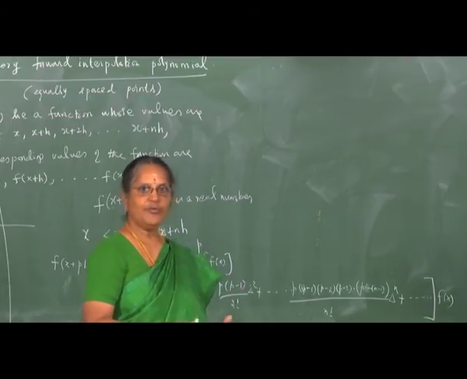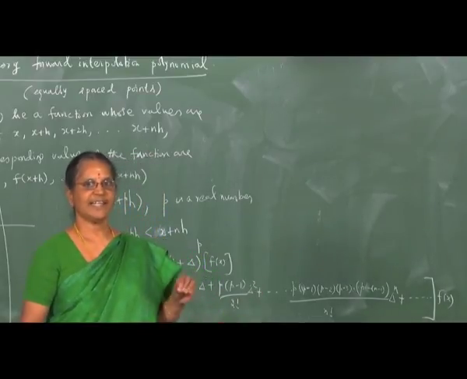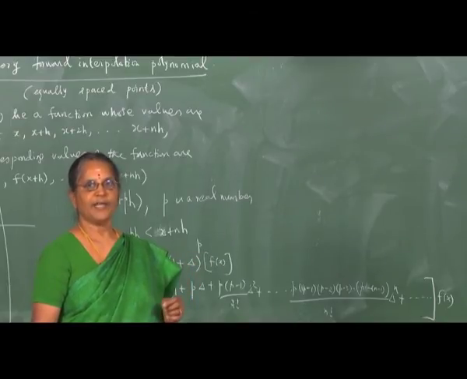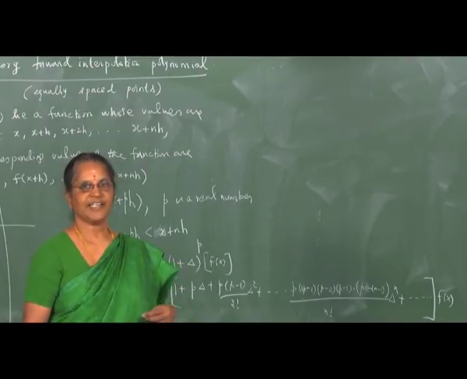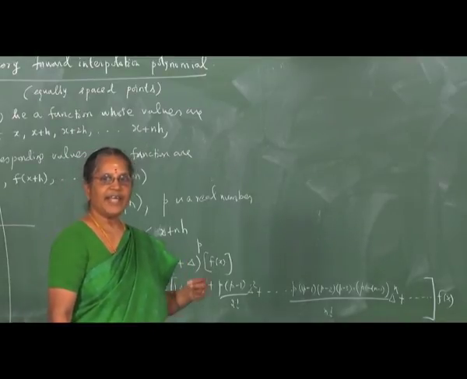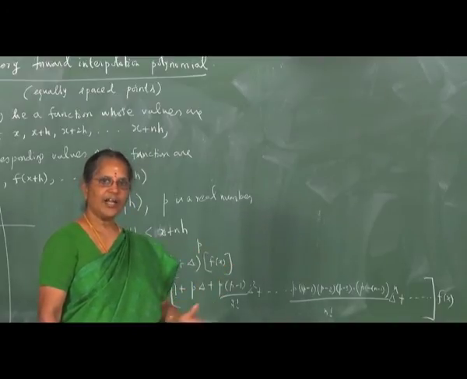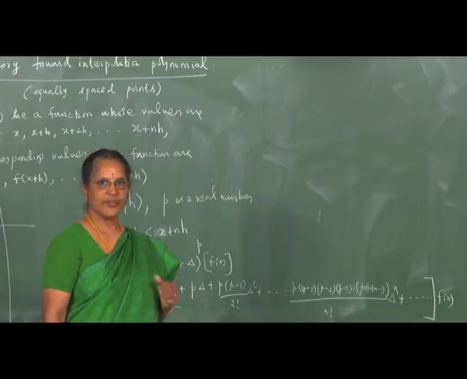So, we shall now prove that result in general, namely given a set of n plus 1 points, one can fit a polynomial of degree at most n, namely Pn of x, and the nth order forward difference is constant and higher order forward differences beyond n are all 0.